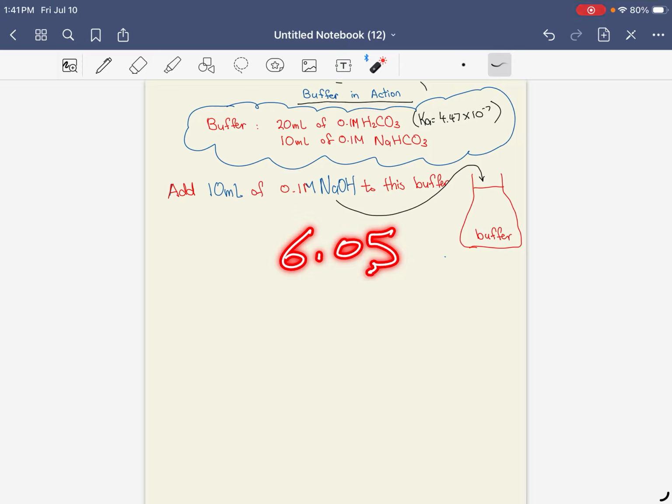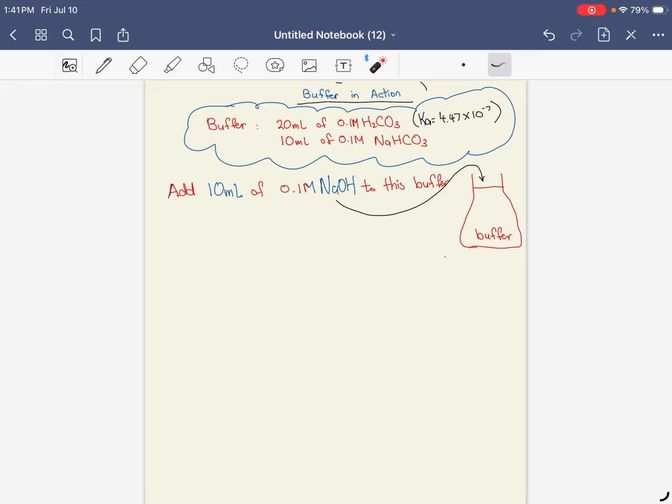Now, when we add acid there, it became a little bit more acidic. If we add a base in here, this is going to get less acidic. I'm not going to make this solution basic. I'm going to make this less acidic.